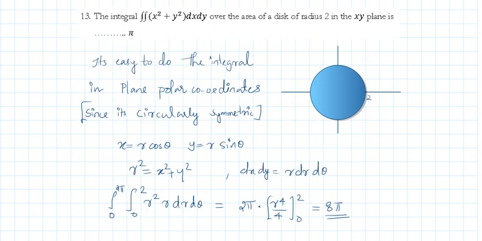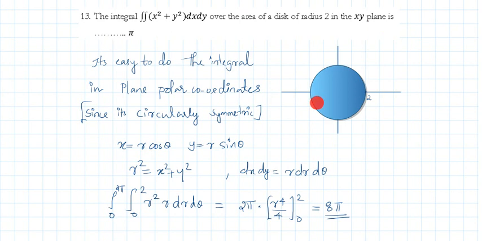Now this is a question from the numerical part. So MSQ questions are over. This one is a question from the numerical part. The double integral of x square plus y square dx dy over the area of a disk of radius 2 in the xy plane.